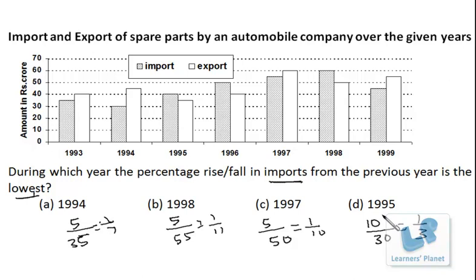So the fraction which has the highest denominator, I'm sorry, will give the lowest value. So the highest denominator is 11, that is in this case 1998. So 1 by 11 is the smallest fraction among these 4. So in this year the percentage fall or rise was lowest, right? So 1998 is the correct choice.